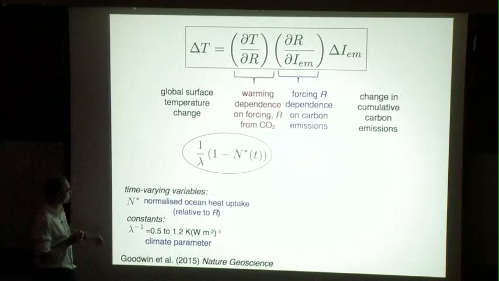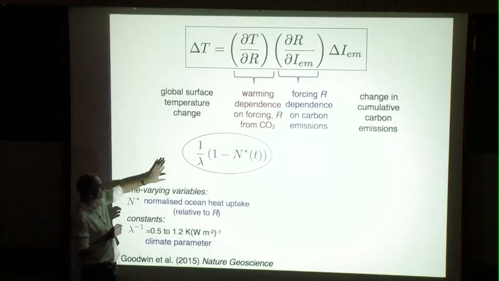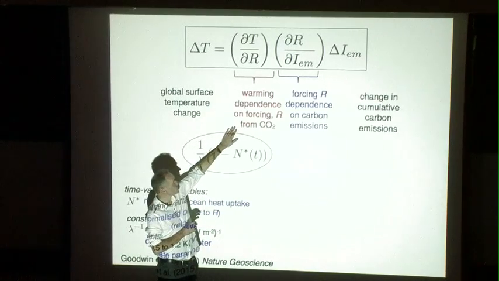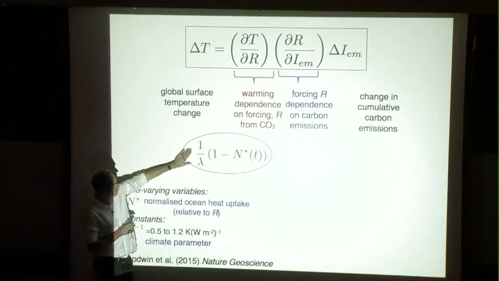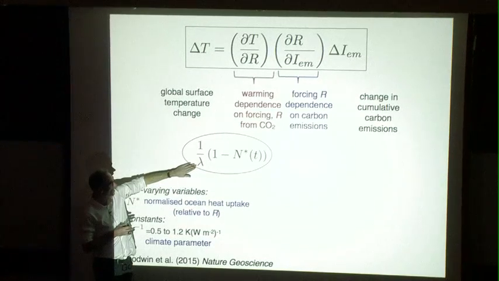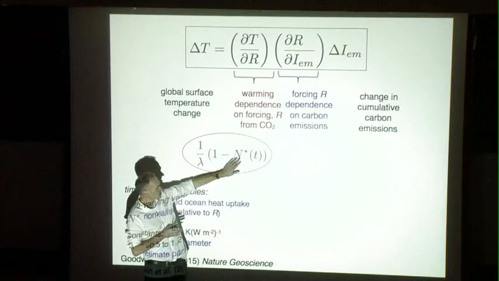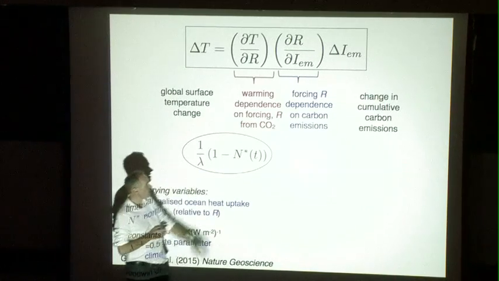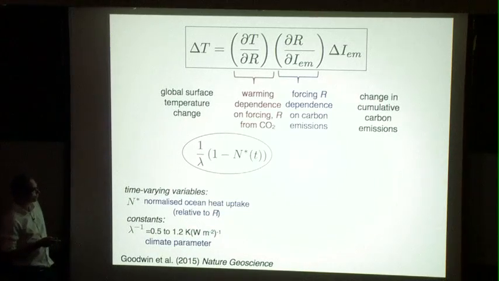But this work is with Phil Goodwin and came out this last month. It turns out this warming dependence of the radiative forcing from carbon dioxide, you can rewrite as a climate parameter, which is related to the climate sensitivity, times 1 minus N star, where N star is a normalized ocean heat uptake. It's actually the global heat uptake divided by the radiative forcing.